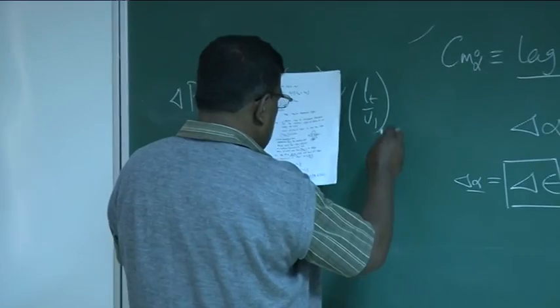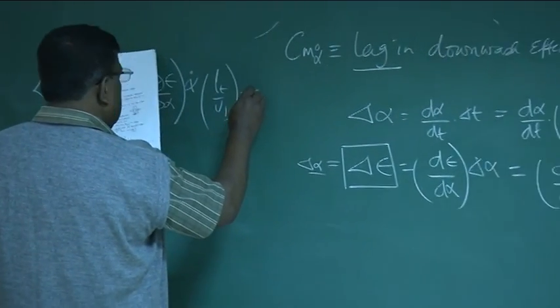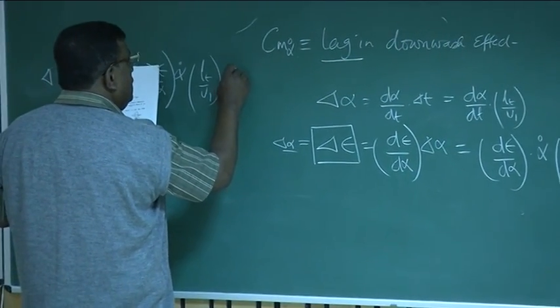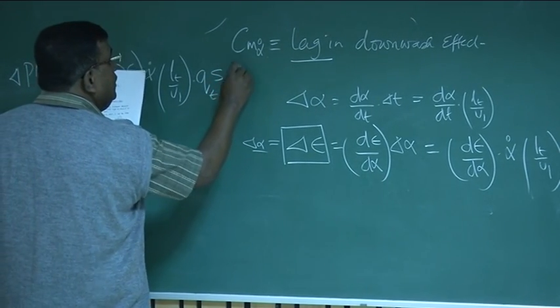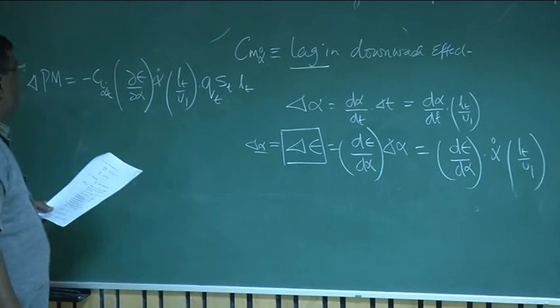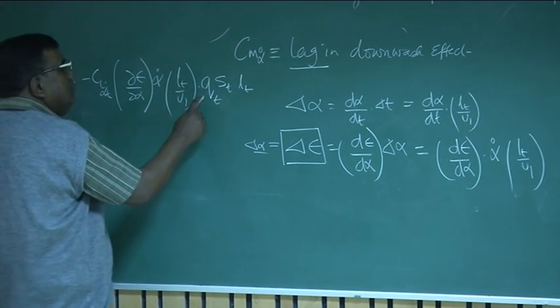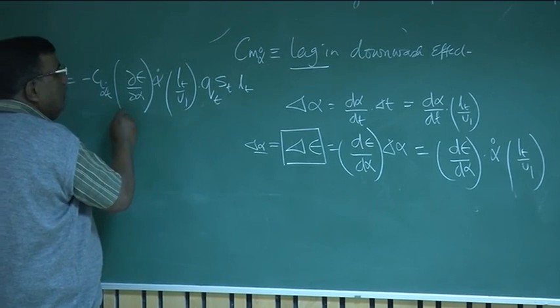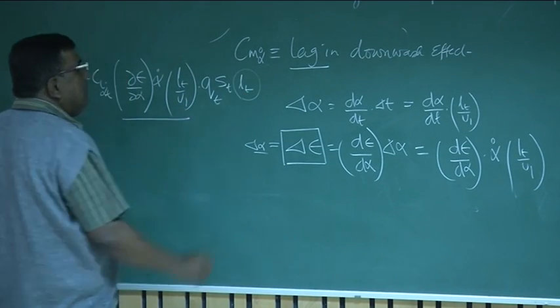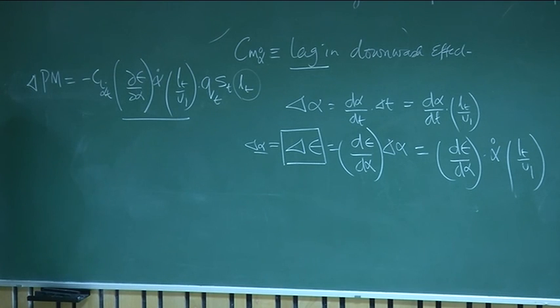And this into q tail, half rho v square tail into S tail into Lt will be the pitching moment, isn't it? Half rho v square tail, S tail, Cl alpha tail into alpha into moment arm is the pitching moment. No problem. Now you are experts.